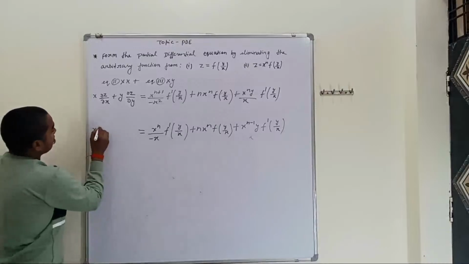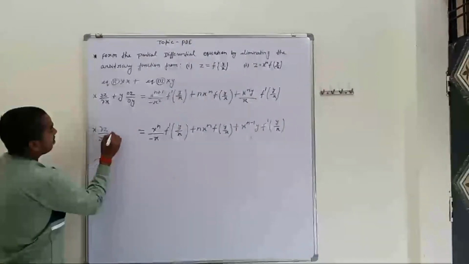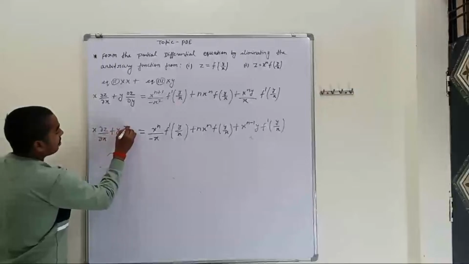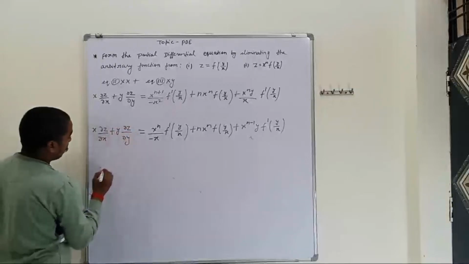This is x del z upon del x plus y del z upon del y.